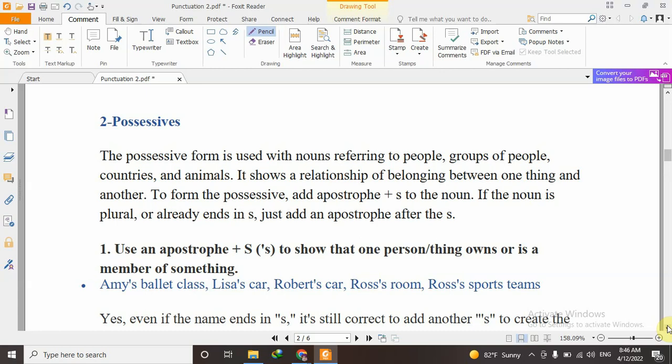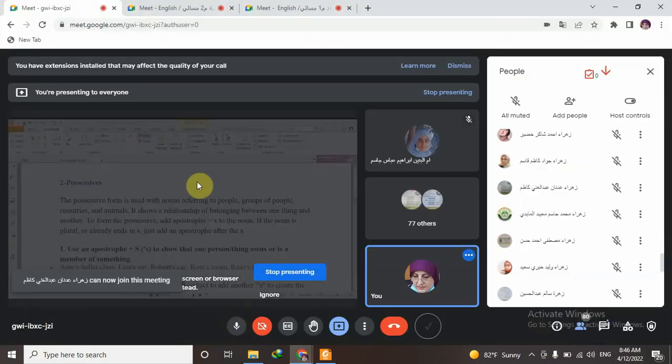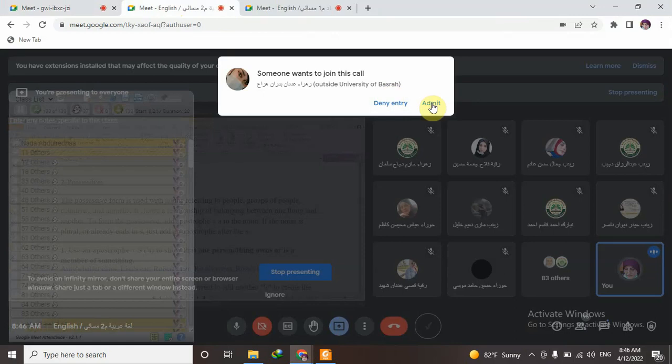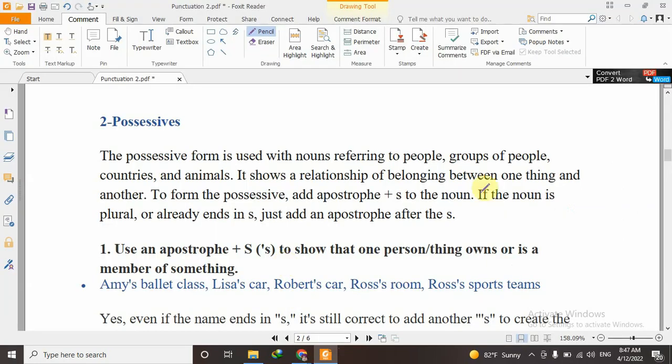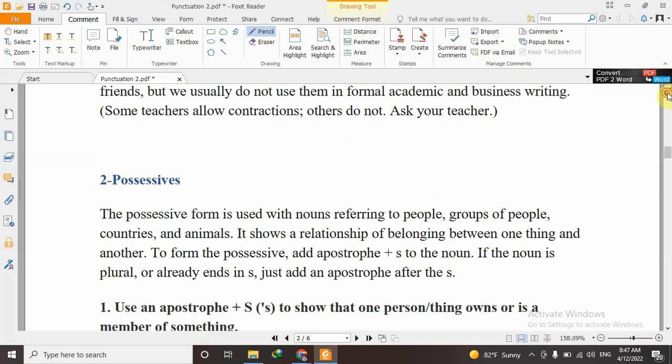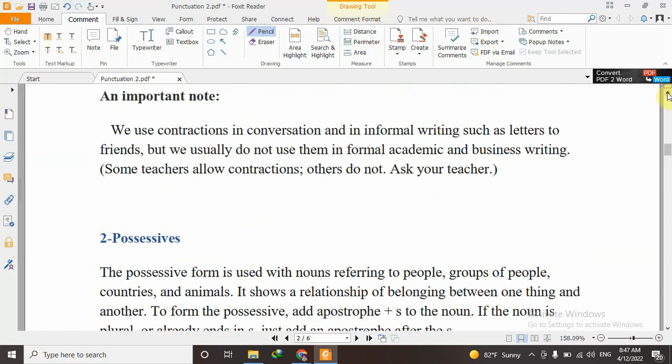The same with all teachers, in poetry, in drama, in novels, you have to ask your teachers whether they will allow you to use the contractions or not. Why do you have to take permission? As we said, because the contractions are a sign of informal writing, and they are used in conversation and in the spoken form of the language.